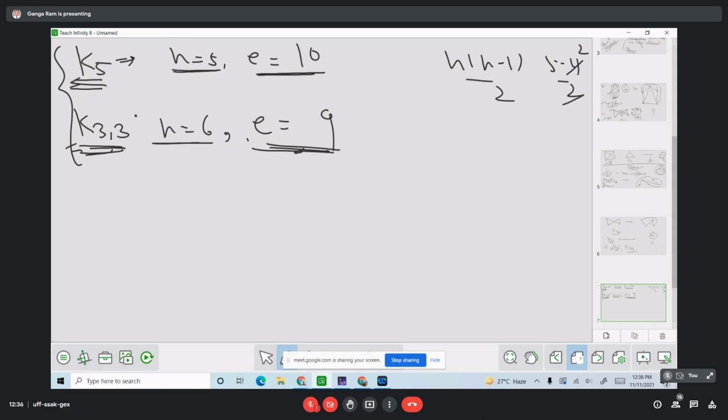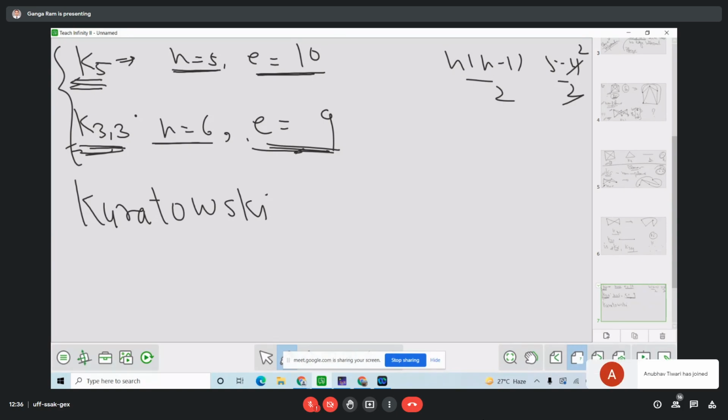What we say, these are the Kuratowski graphs. Just know that these are the complete graph with 5 vertices and size 10.